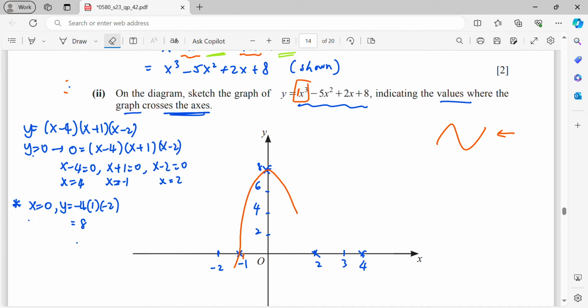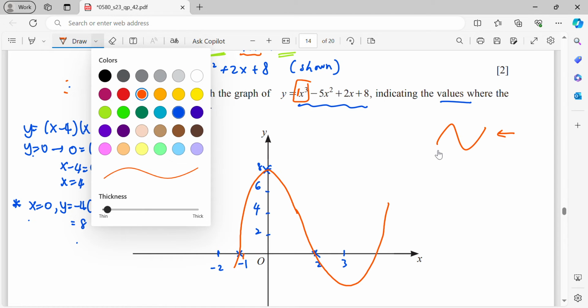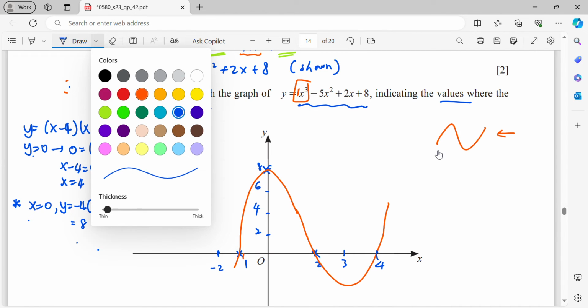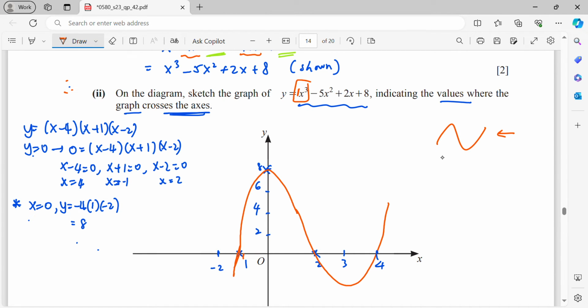So maybe I just redraw this part. Okay, this is my graph. Here is 4. Right? Then this one should be moving down.